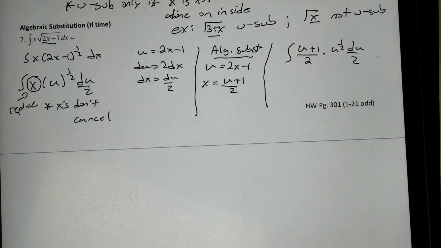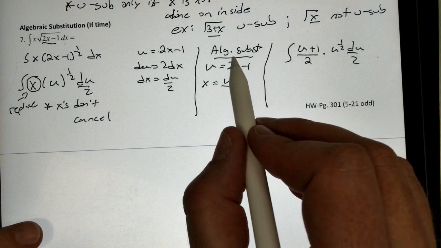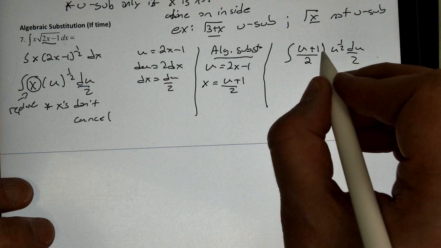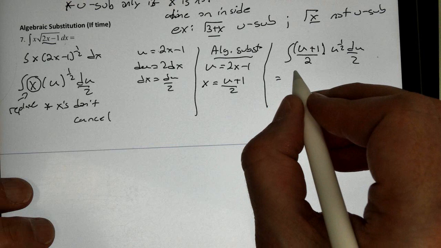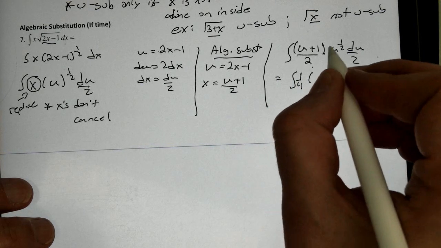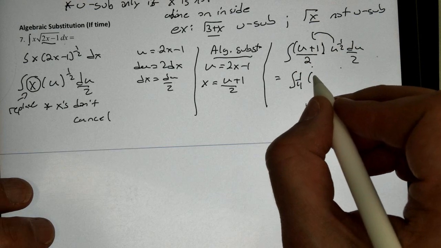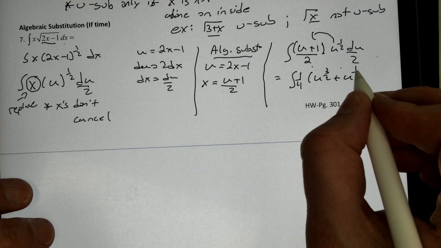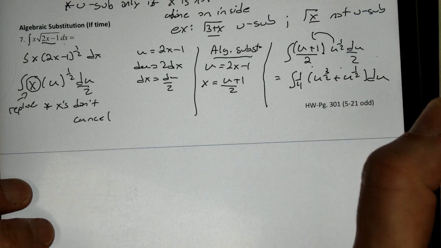All right, so I was just able to replace my x using my substitution. And now I can simplify this a little bit. This becomes 1/4. And if I distribute the u to the 1/2, we get u to the 3/2 plus u to the 1/2 du.